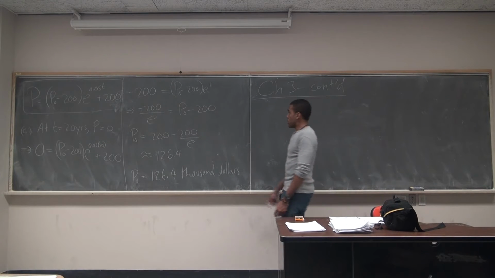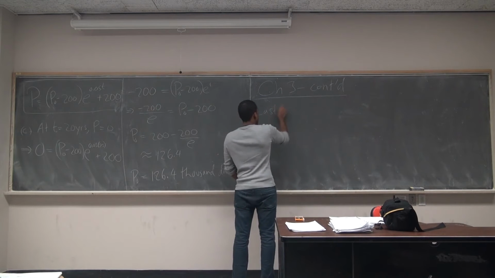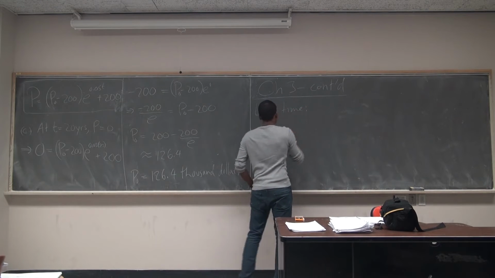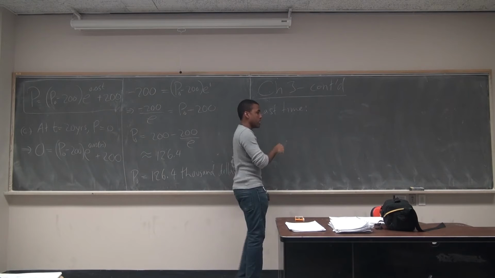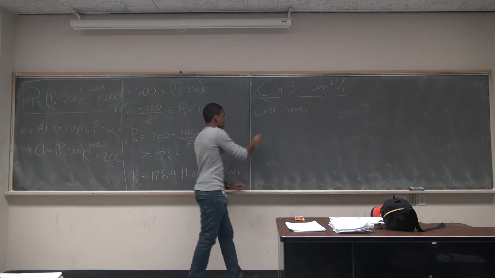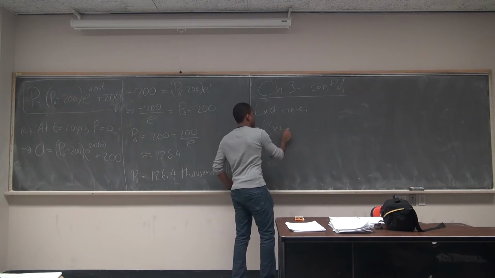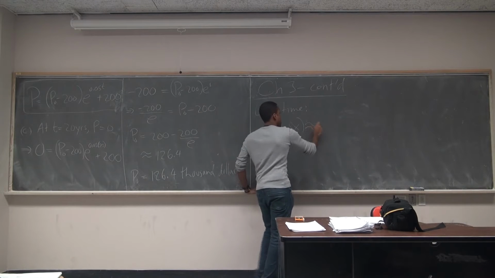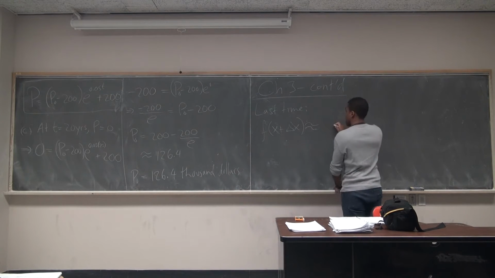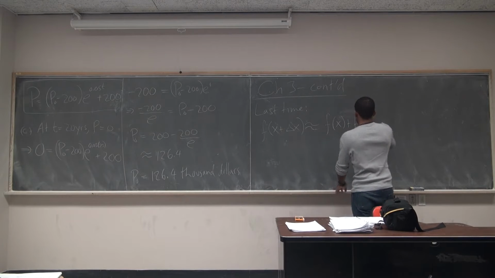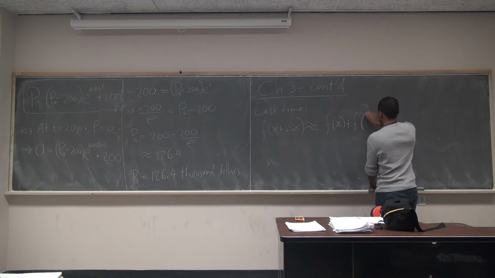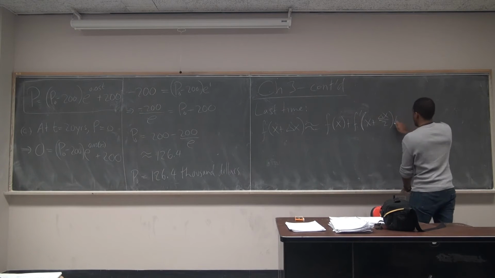Okay. So last time we talked about an equation in theorem 3.2. What was the equation that you had to write on the quiz? f of x plus delta x is approximately f of x plus f prime of x plus delta x over 2 times delta x. Right.